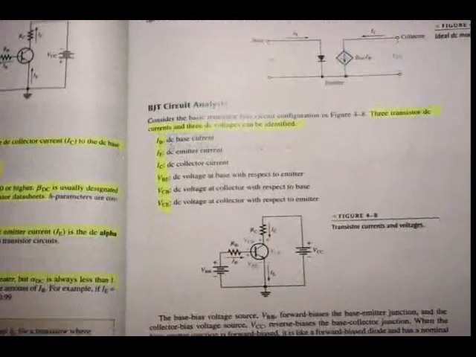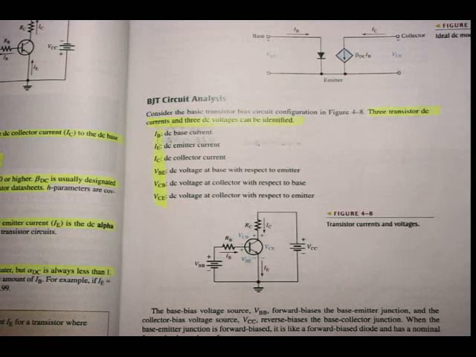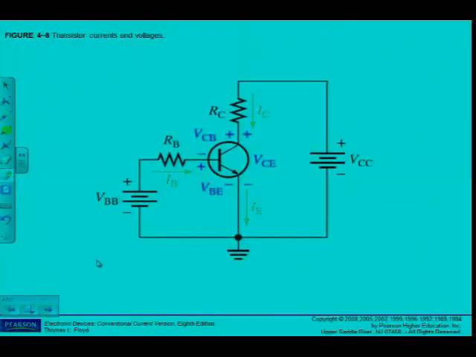But what is important here is that we're going to do the BJT circuit analysis now. We've already seen there are 3 DC currents, and also we're going to identify the 3 DC voltages. Now, the 3 makes sense because I only have 3 terminals on this device.